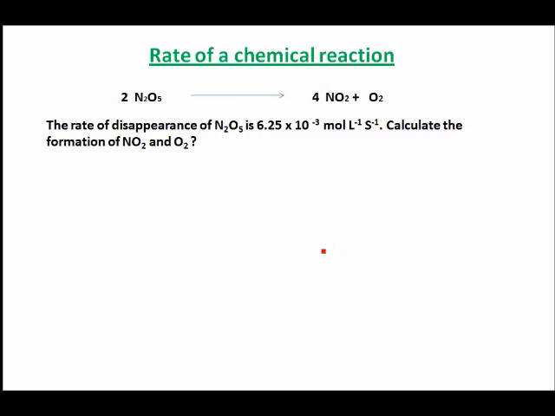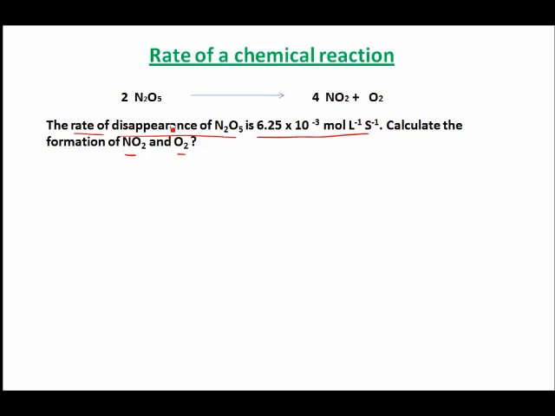So let's take a couple more questions on it. Suppose we have a reaction: N2O5 decomposes into NO2 and O2. The rate of disappearance of N2O5 is given, and we have to calculate the rate of formation of oxygen and NO2.